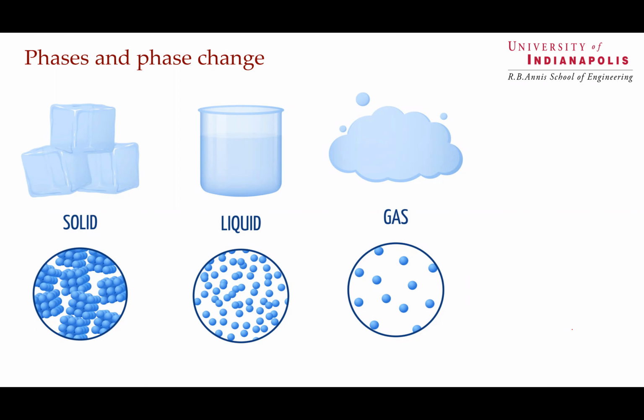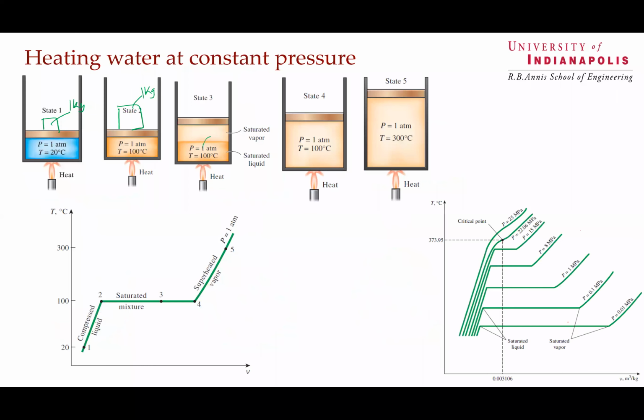Whenever a phase change takes place, the temperature of the substance does not increase if the pressure is constant. Here we see a situation where we use this concept of phase change.